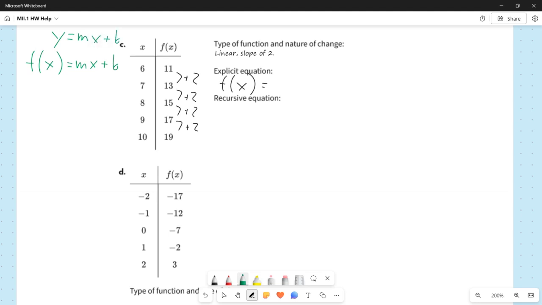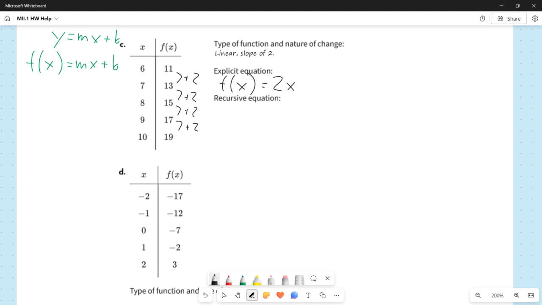Essentially, these are saying the same thing, except the one that we're using is in function notation. So we're looking for something like mx plus b. Well, m is our slope, which we just identified is 2. x is our input. And then we're looking for b. Now, b, you might recall, is the y-intercept.